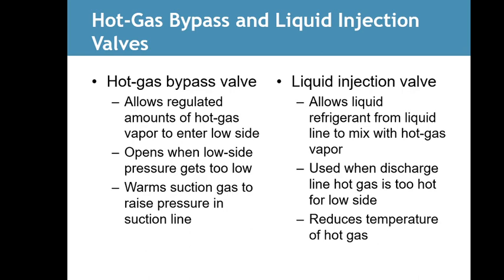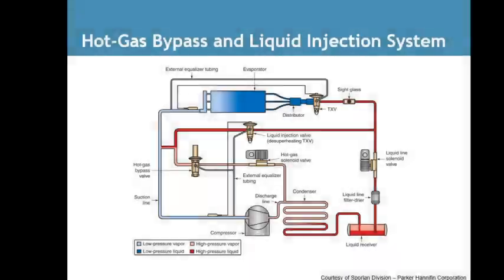Used when the discharge line hot gas is too hot for the low side. Reduces temperature of the hot gas. Again, this picture is on 575.